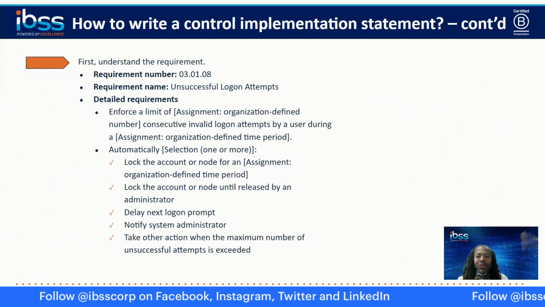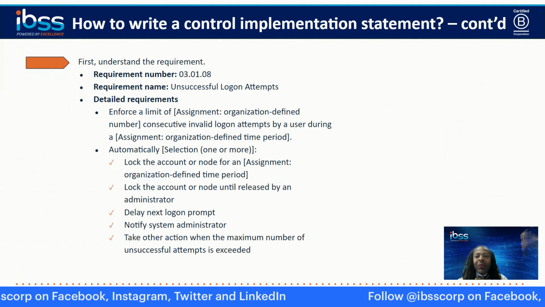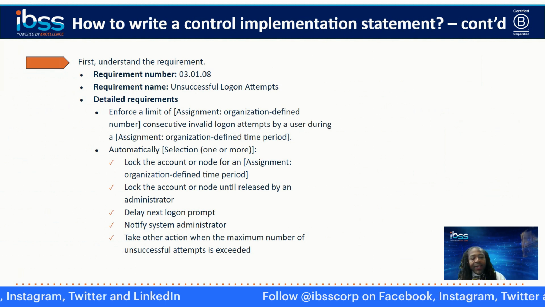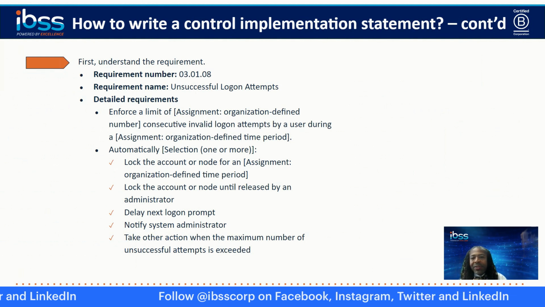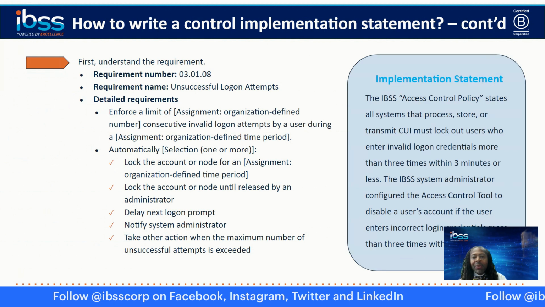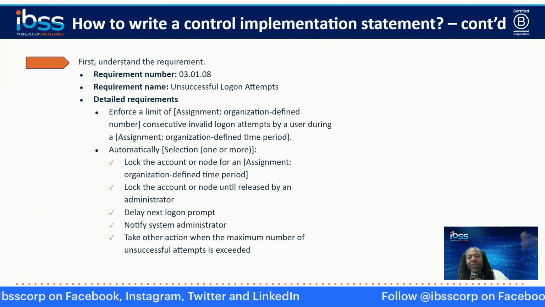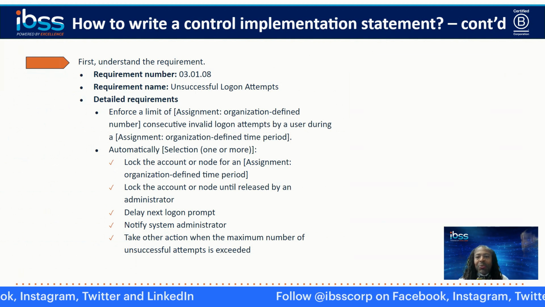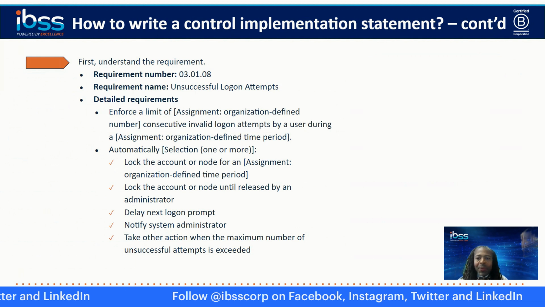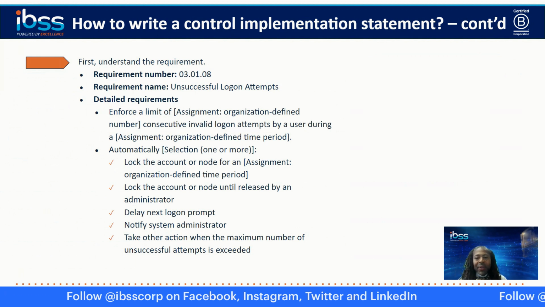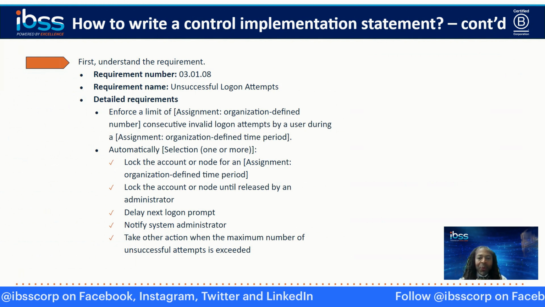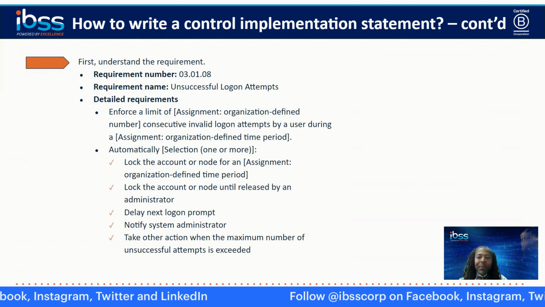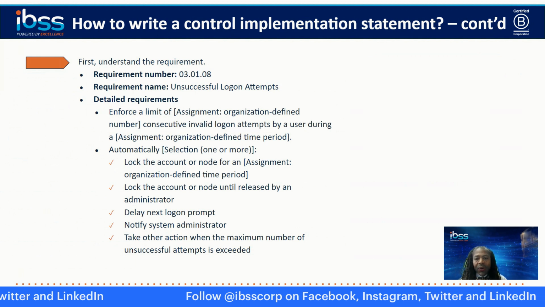So the first thing we want to do is to understand the requirement. Each of the 800-171 requirements has a requirement number and a title. Like I said, we're looking at 3.1.8, and the requirement is unsuccessful logon attempts.